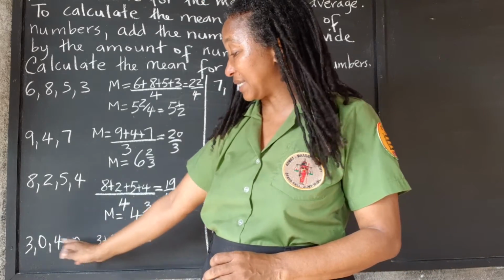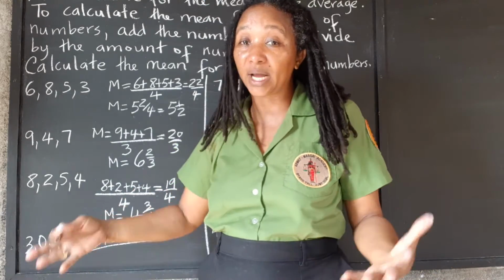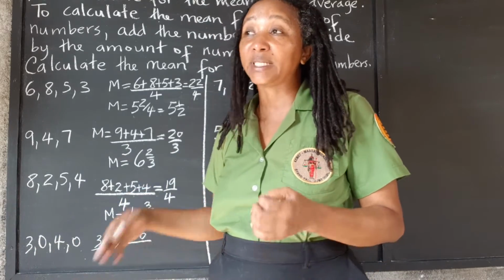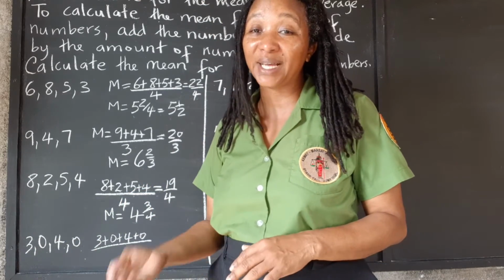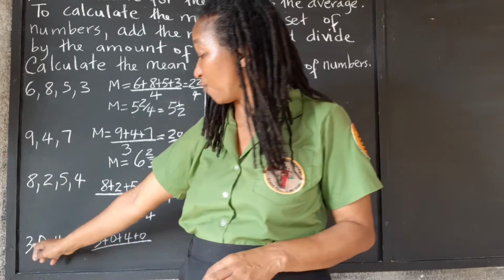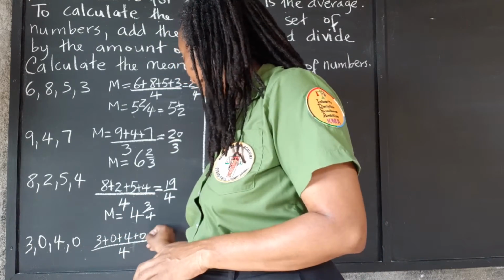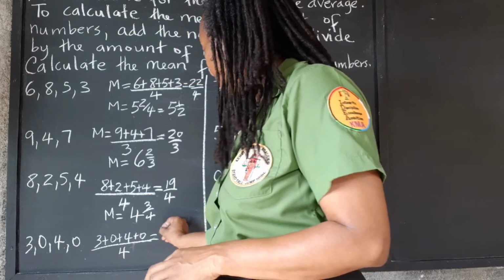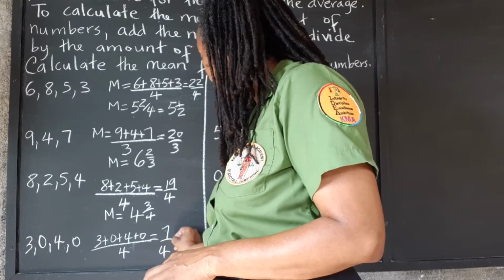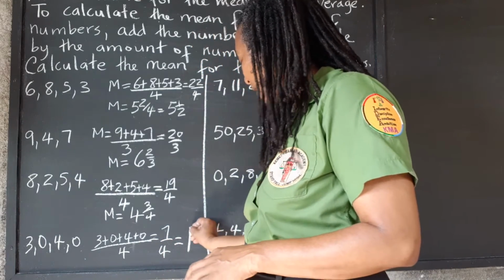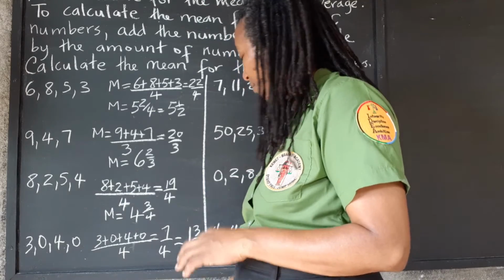It's representing a quantity here, so we still have to acknowledge its presence and count it. So 3 plus 4 is 7, divided by 4. 4 goes into 7 1 time, remainder 3 over 4.